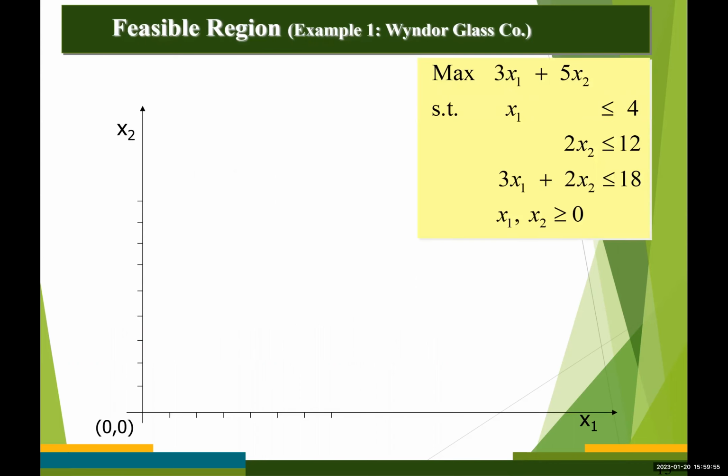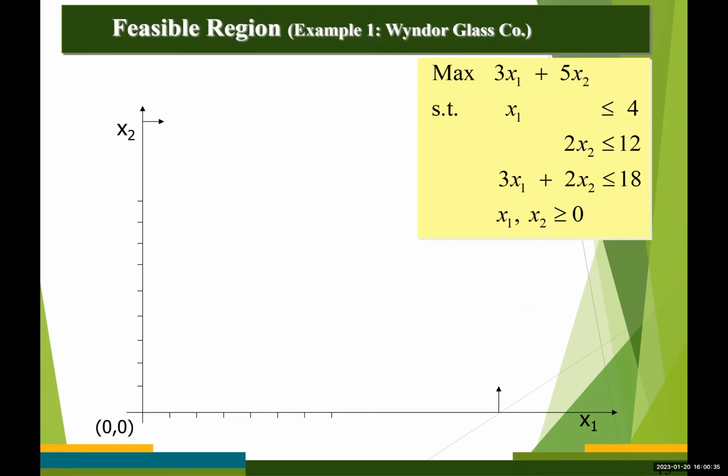And this graphical procedure involves constructing a 2-dimensional graph with x1 and x2, in this case, as the 2 different axes, right? Horizontal axis and vertical axis. Right? And the first step is to identify the values of x1 and x2 that are permitted by the restrictions. And this is done by drawing each line that borders the range of the permissible values for one restriction.